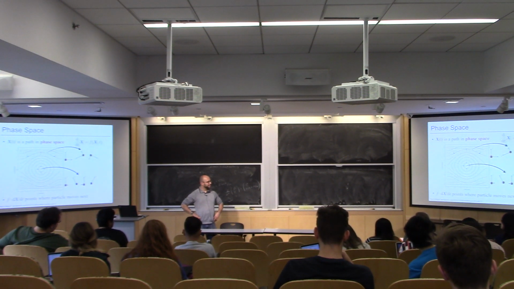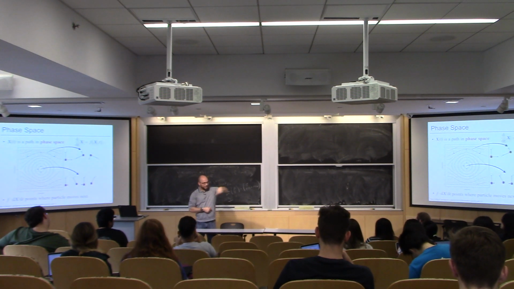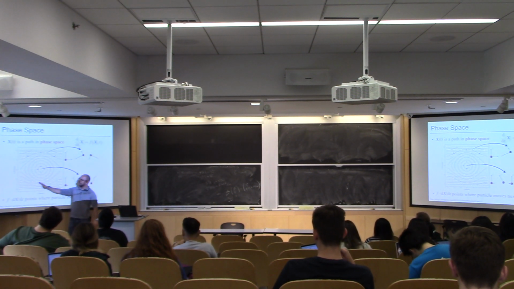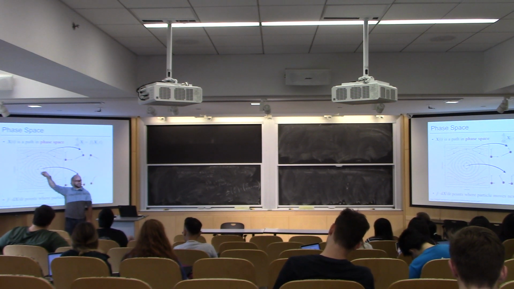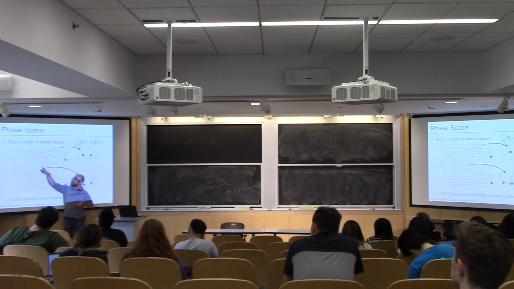A pendulum. If I whack it hard enough, it'll start spinning around in circles. So if you think of the x-axis as angle and the y-axis as velocity in angle space, theta prime, this is exactly the phase space where below some threshold you get the swinging motion, which in this picture looks like a circle.